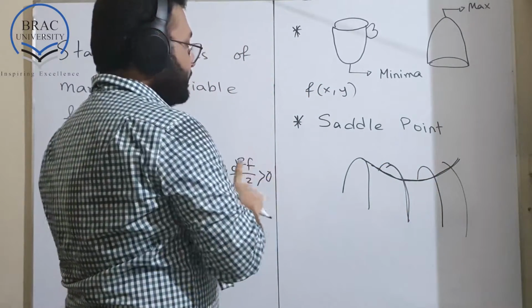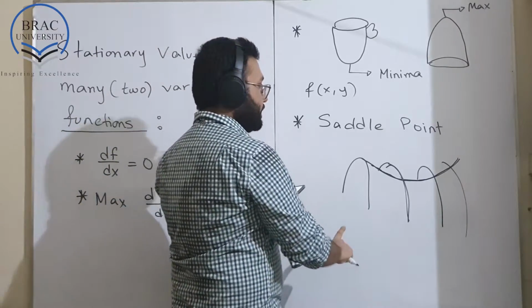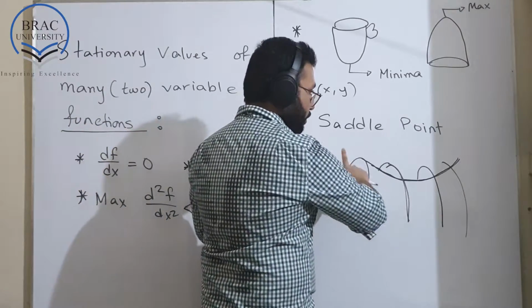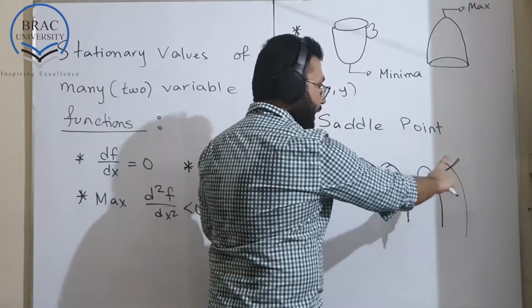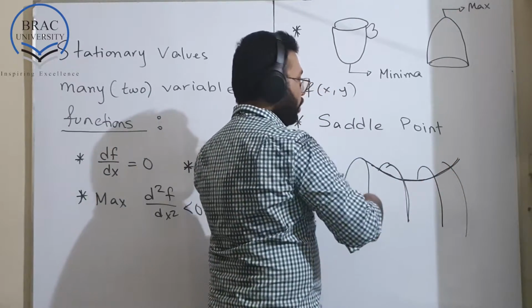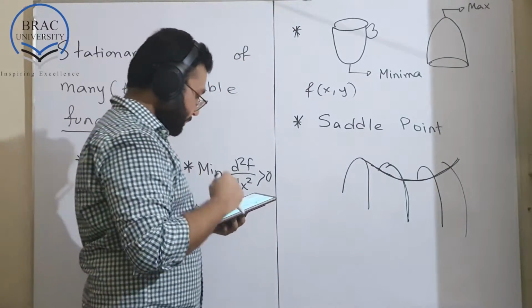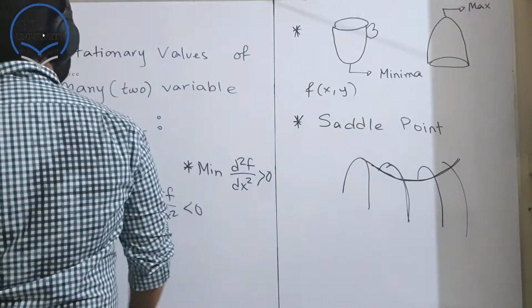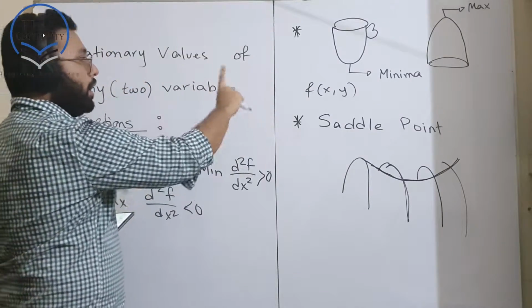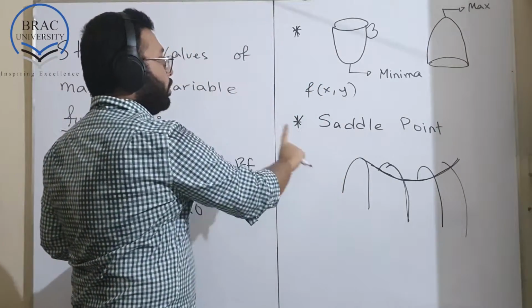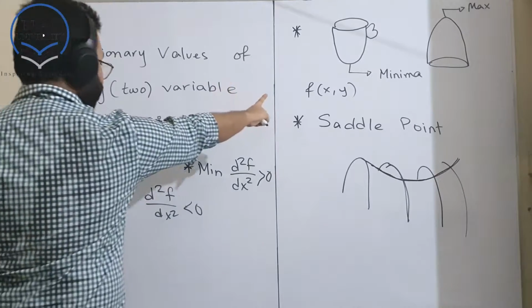So what is a saddle point? A saddle point is a maxima in one coordinate and a minima in another coordinate, or vice versa. We call it a saddle point. So now we have introduced the minima, maxima, and saddle point of a function of two variables.